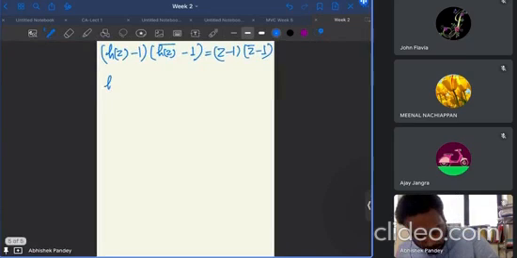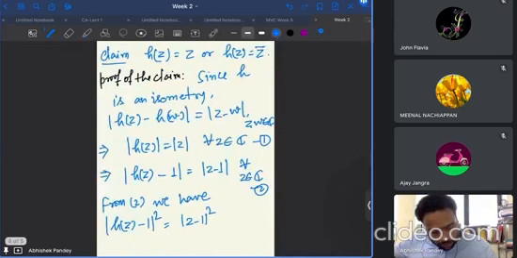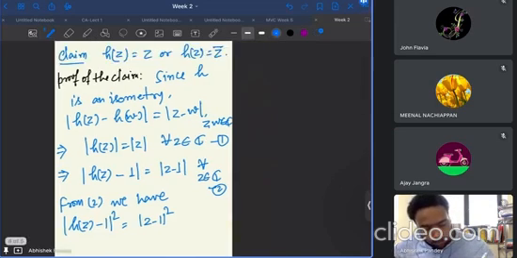So h(z) h(z) bar minus h(z) minus h(z) bar plus 1 is equal to z z bar minus z minus z bar plus 1. Now here we can see that mod h(z) equals mod z. If you square it, this will be the same, so h(z) h(z) bar equals z z bar.